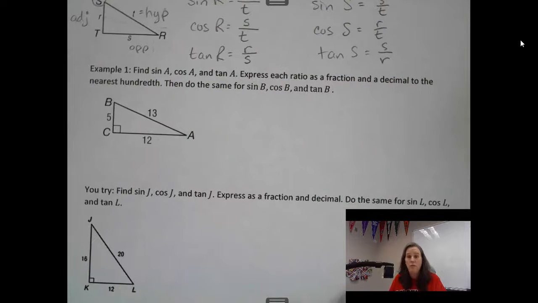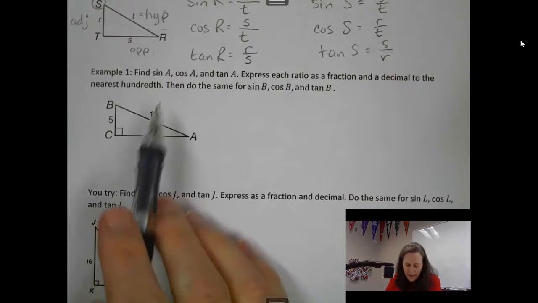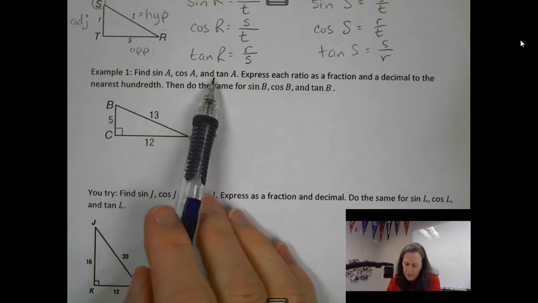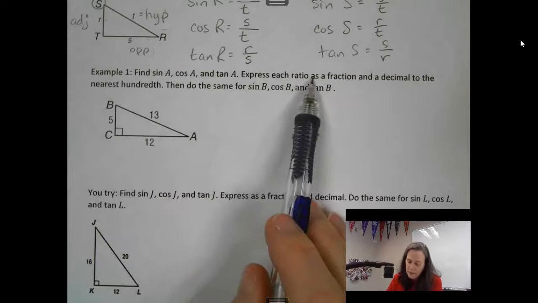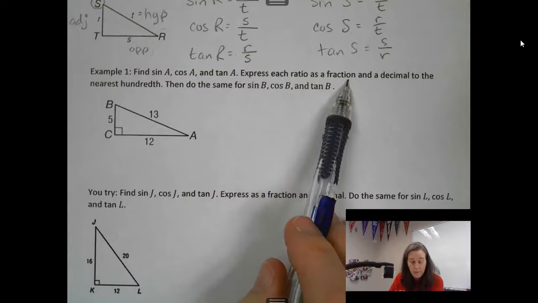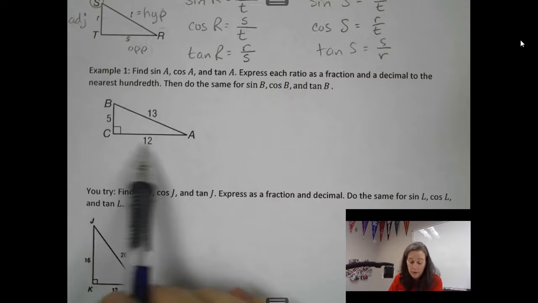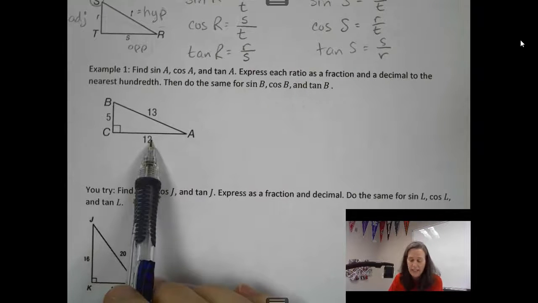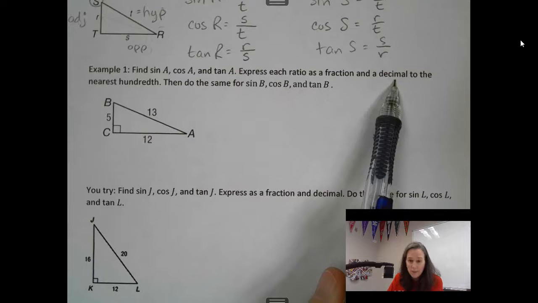Let's try this with some actual numbers. So this is where it gets to be more fun. This says find the sine of A, the cosine of A, and the tangent of A. Express each ratio as a fraction. So this time we'll have actual numbers in that ratio that make it a fraction, and a decimal to the nearest hundredth.